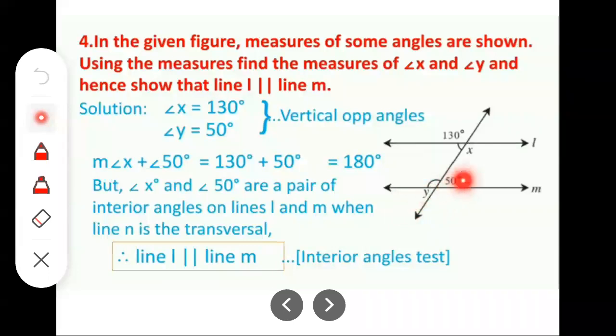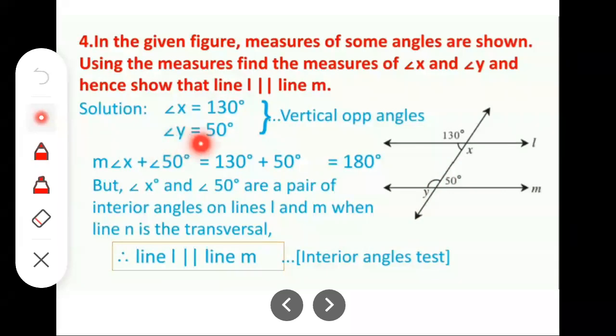Here that angle is given 50 degrees. Angle Y is vertically opposite to it, so that will also be 50 degrees. So for both, the reason will be vertically opposite angles. Write the measurement of each angle: angle x equals 130 degrees and angle y equals 50 degrees.